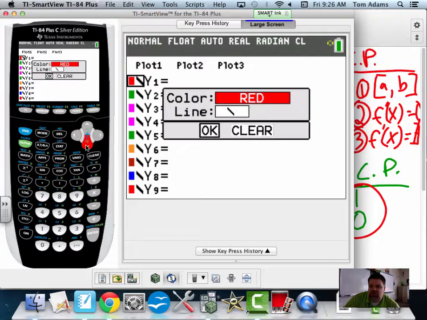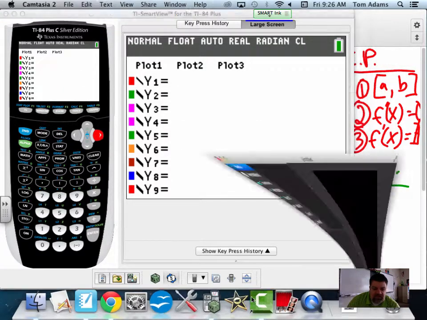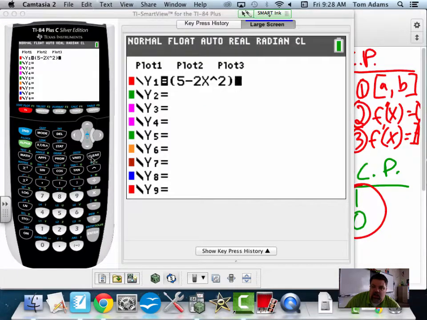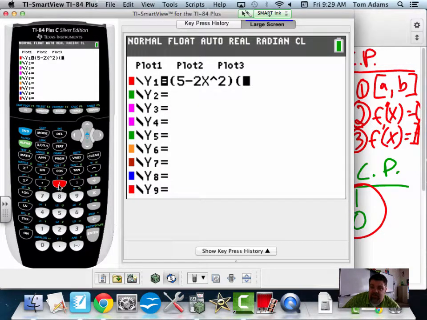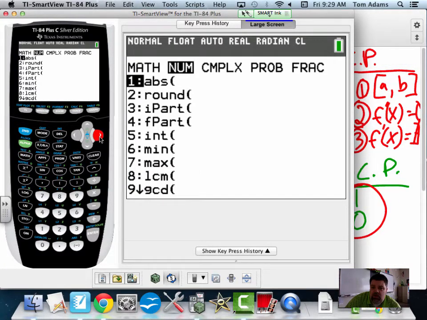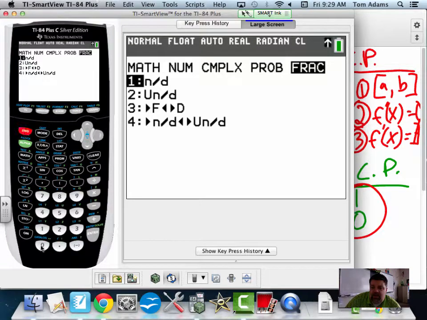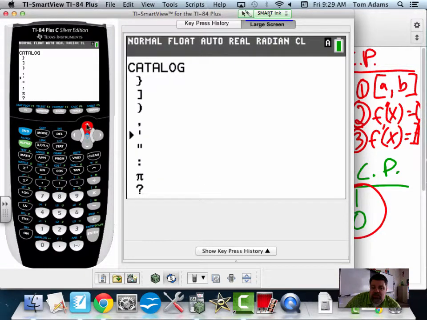So what I'm going to do is graph this function as a piecewise function. When you graph a piecewise function in your graphing calculator, you first enter the first expression, and then you have to enter the parameters. So we're looking at the expression 5 minus 2x squared when x is less than 1.